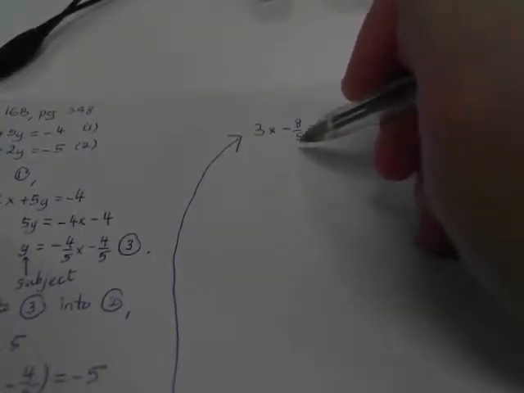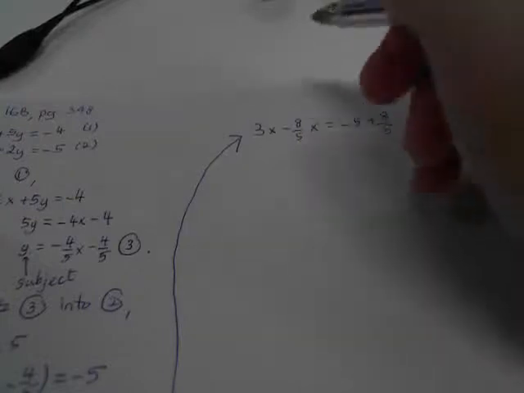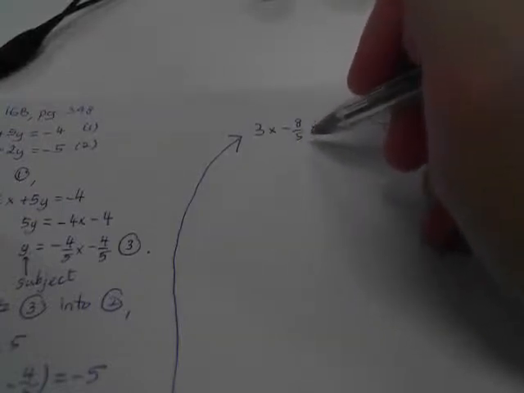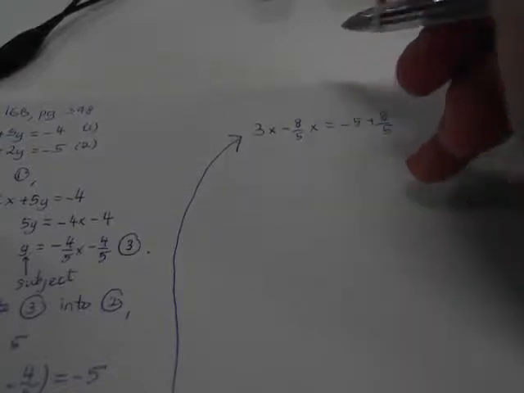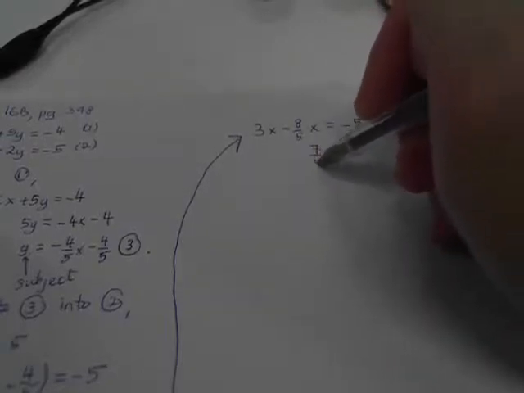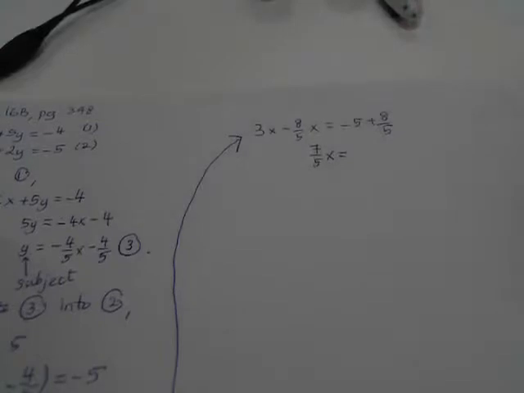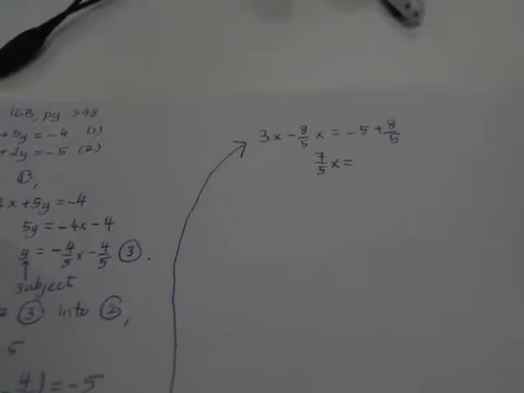So could I just have it in fraction form, please? 1 and 2 over 5. Having improper fraction should be 1 and 2 out of 5. So that would be 7 over 5x, and minus 5 plus 8 out of 5.